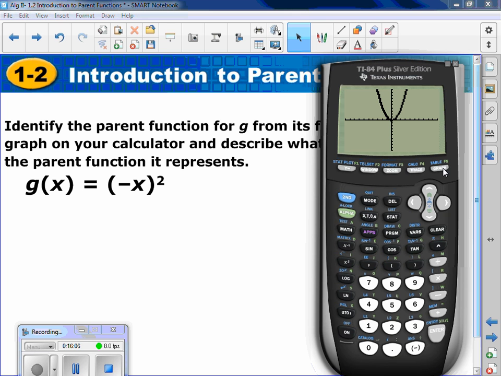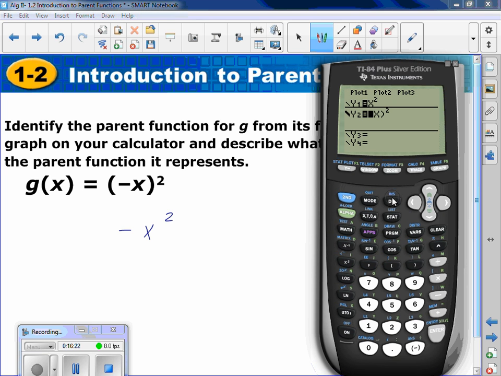When you square a negative, it becomes positive. So that negative is really not affecting that problem in any way. There is a difference between this one and this one. If I put the second one in the calculator, and I got rid of these parentheses, it's probably going to give me an error.